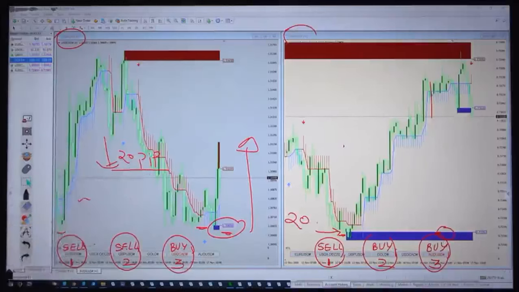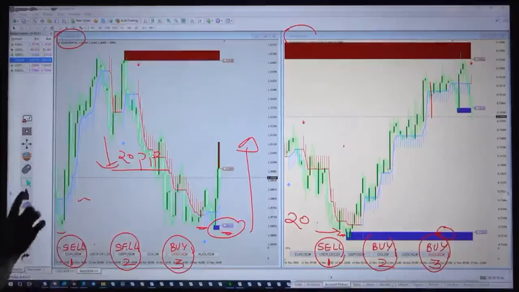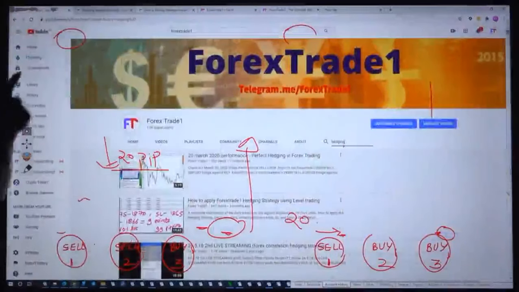Now we will see how many proofs we have of this hedging strategy.